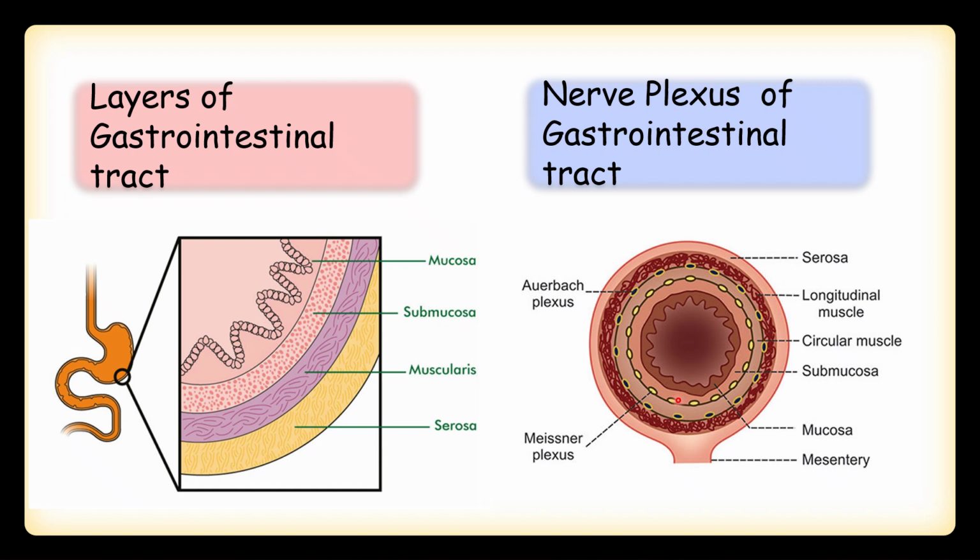There are 2 nerve plexuses: one is Meissner's plexus and another one is Auerbach's plexus. The Auerbach plexus is present in the muscular layer and the Meissner's plexus is present in the submucosal layer. This is also called the submucosal plexus or Meissner's plexus. This is called the Auerbach plexus or myenteric plexus. We are going to see in detail about this Auerbach plexus in the coming slides.